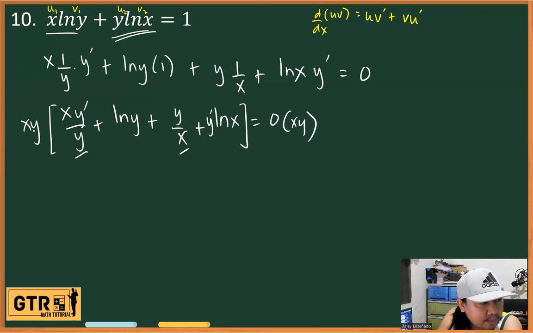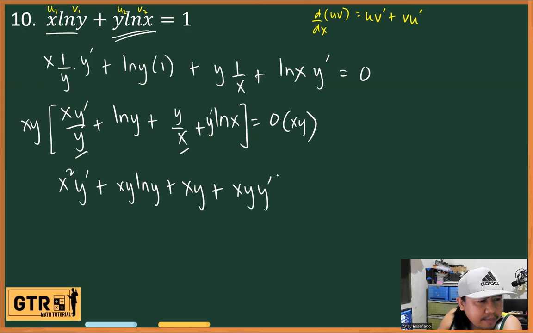Okay, so if we multiply this, y will be cancelled out. So we have x squared y prime, plus xy ln y, plus cancel out y, so we have xy plus we have, just multiply xy y prime ln x equals 0. So combine the terms with y prime.